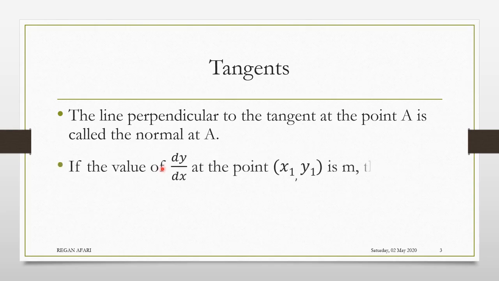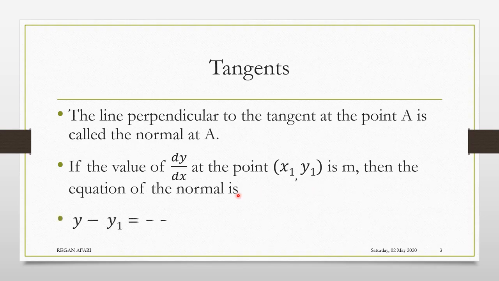Let's say that you are given a point, and there's a line passing through that point. The dy dx, that's the gradient of the curve at the point x equals 1, is m. If that is what you find, then the equation of the normal is given as y minus y1 equals -1 over m into bracket x minus x1.